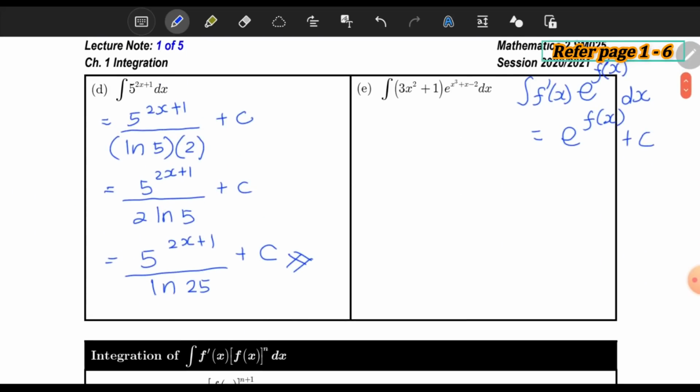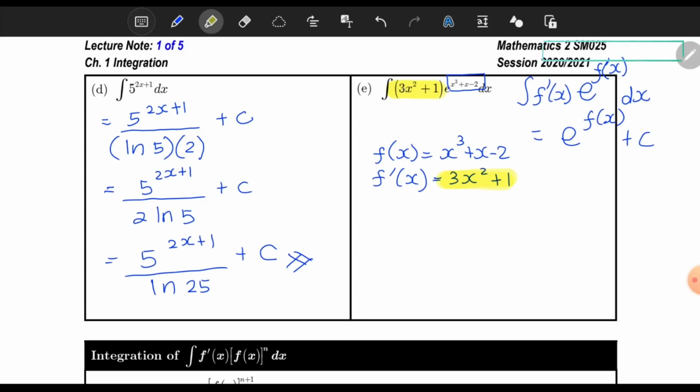For this case, f(x) equal to, look at the power of the exponent, x cubed plus x minus 2. f prime x equal to 3x squared plus 1. The derivative here is exactly the same as the front function.